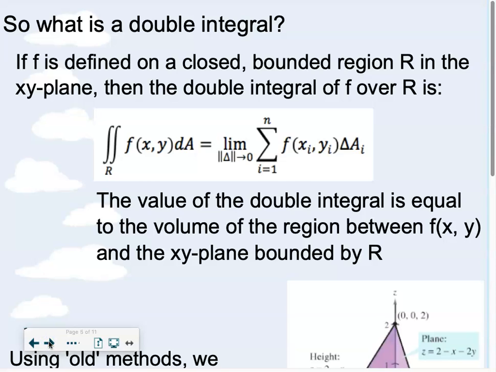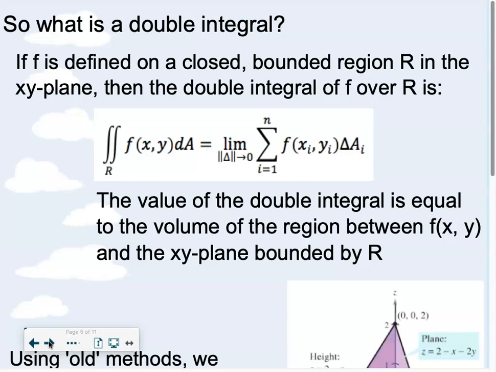All right, so what is a double integral? If f is defined on a closed bounded region R in the xy plane, then the double integral of f over R is the limit as delta approaches 0.